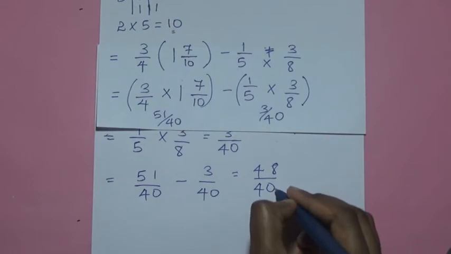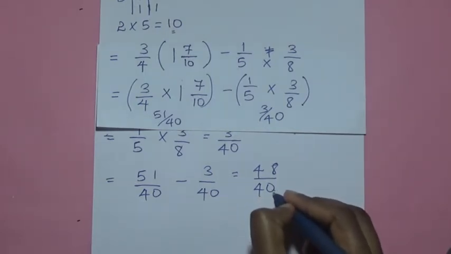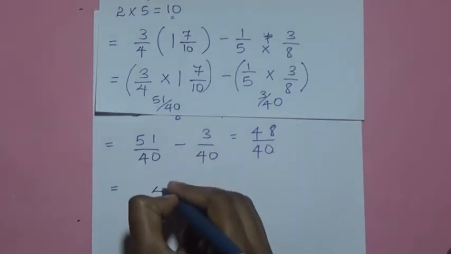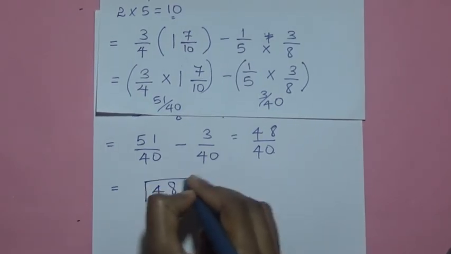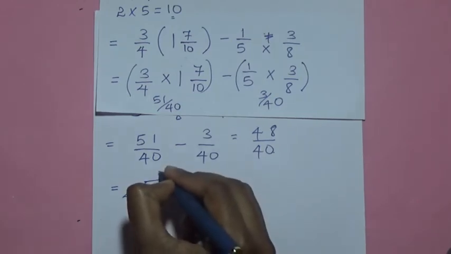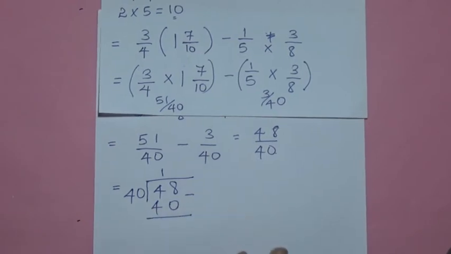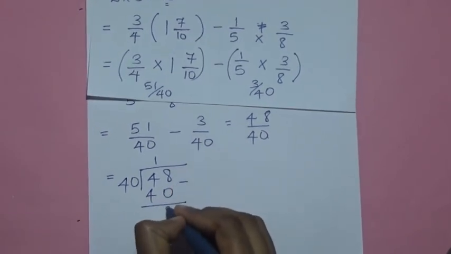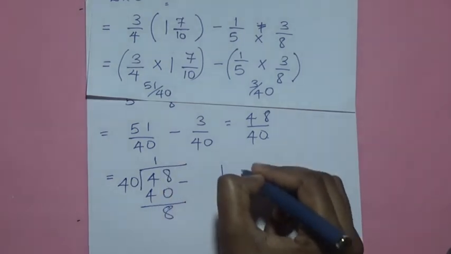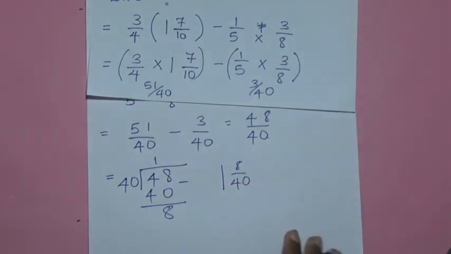So 48 over 40 is the correct answer. However, this is an improper fraction. We need to change it into a mixed fraction. So we take 48 and divide by 40. 48 divided by 40 will be 1 because of 40. And you subtract, you get the remainder is 8. So it will be 1 and 8 over 40.